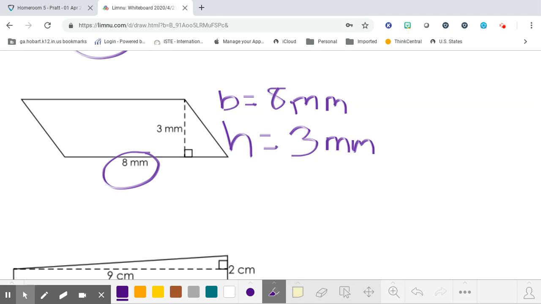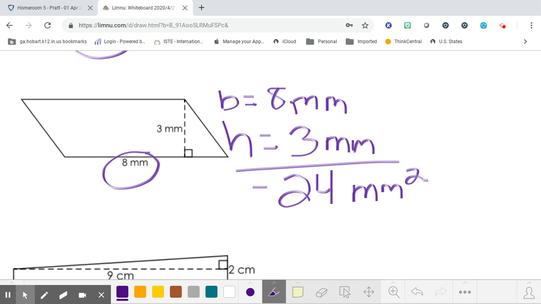Okay, so then we would just multiply our base and our height together to get 24 millimeters squared, and that would be our area.